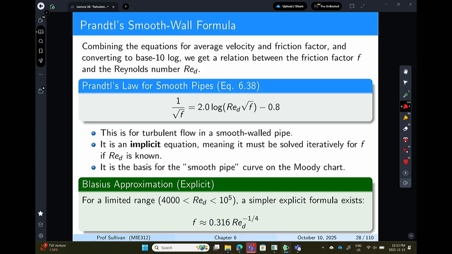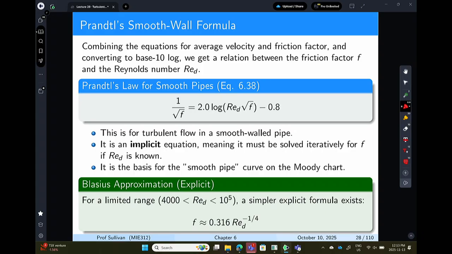Where this all leads is that we can start to look at pressure drops within pipes. Using that information for the average velocity and friction factor with the log law, you get Prandtl's law for smooth pipes: 1 over square root f equals 2 log of Reynolds number based on diameter times square root f, minus 0.8.